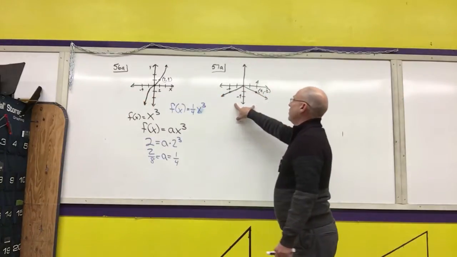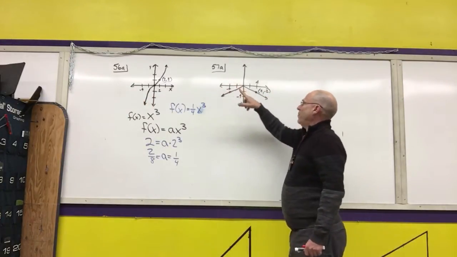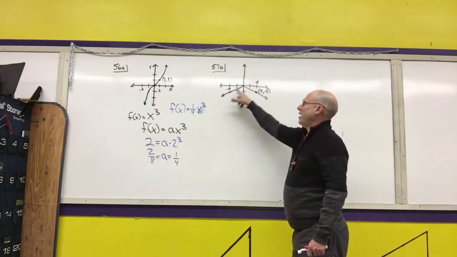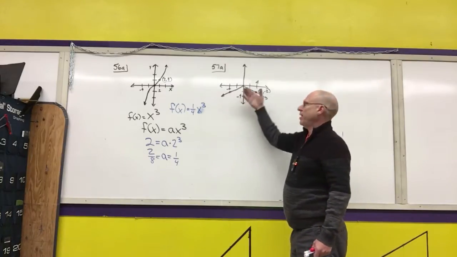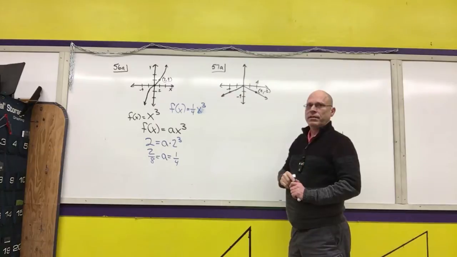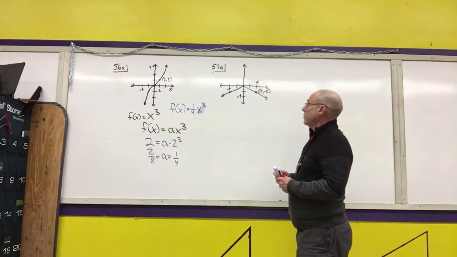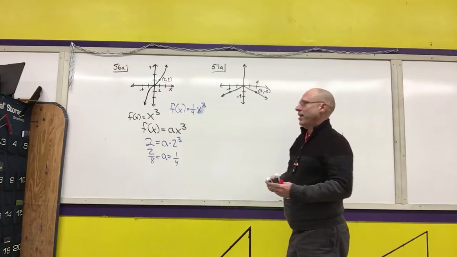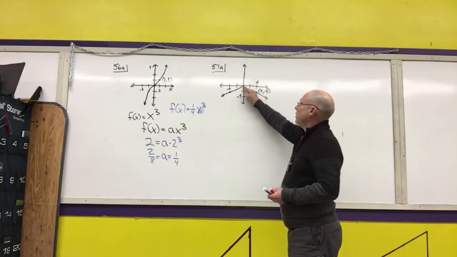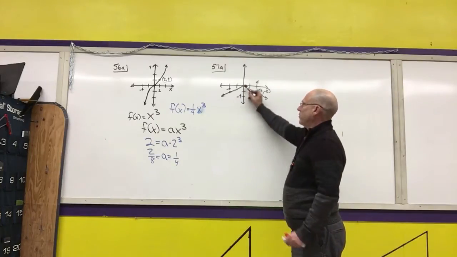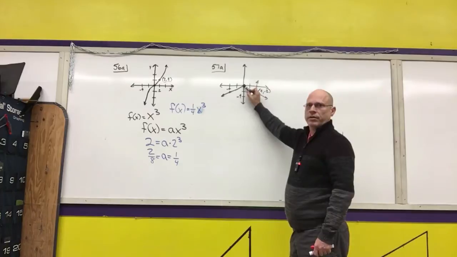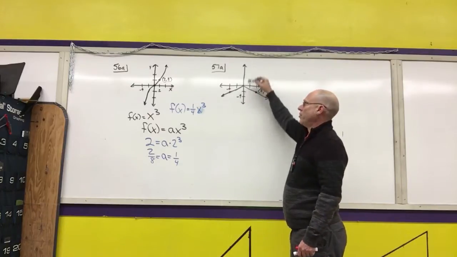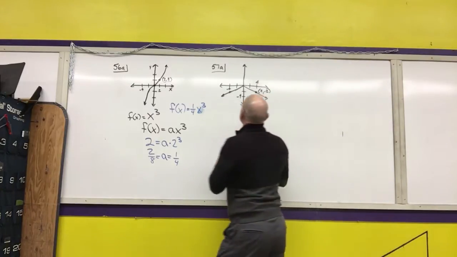This graph right here is problem 57a. It looks like the absolute value graph that has been reflected across the x-axis. So I'm going to write it as an absolute value function. I notice that the vertex of this absolute value is still at (0, 0), so there were no horizontal or vertical transformations.